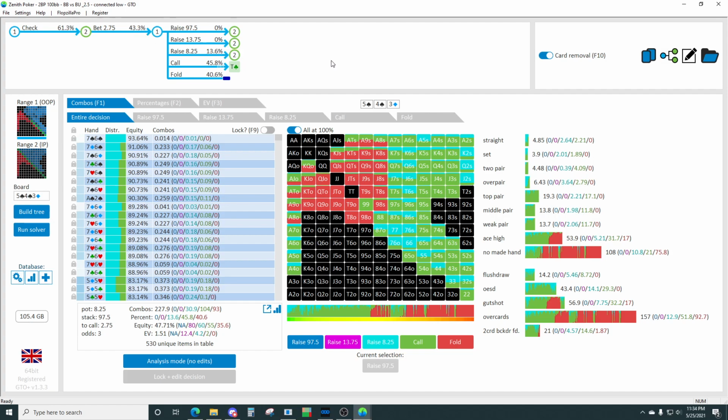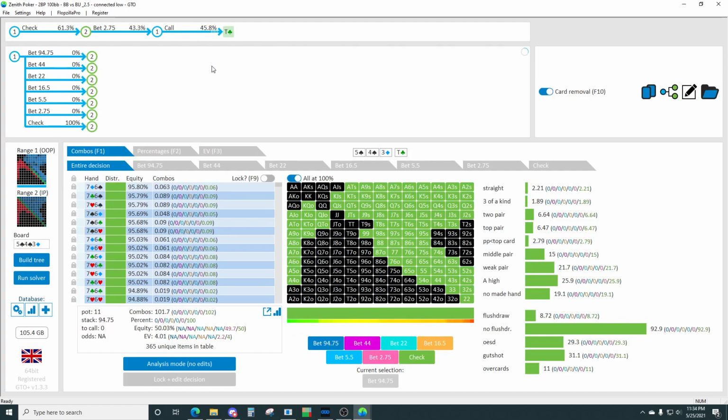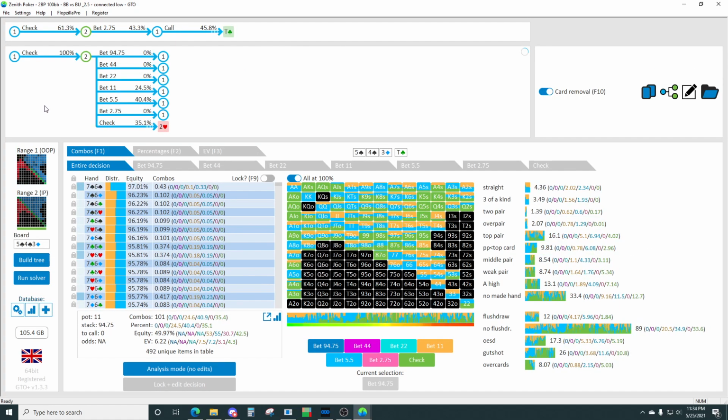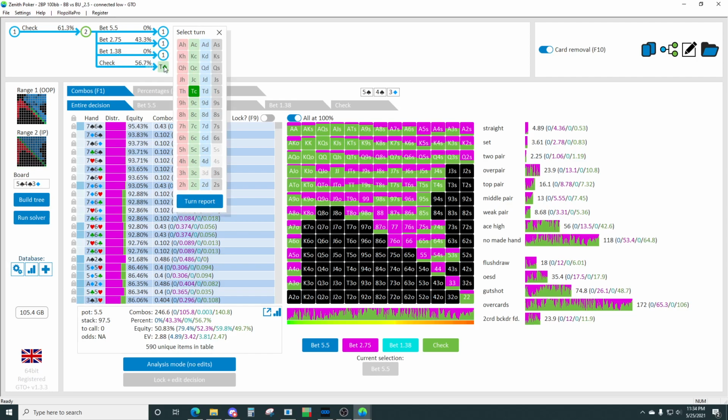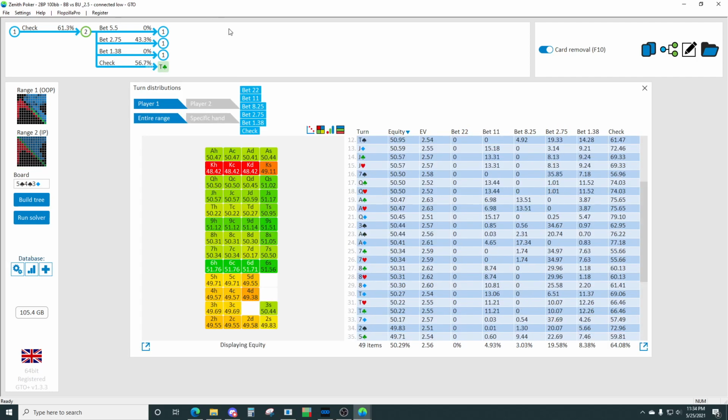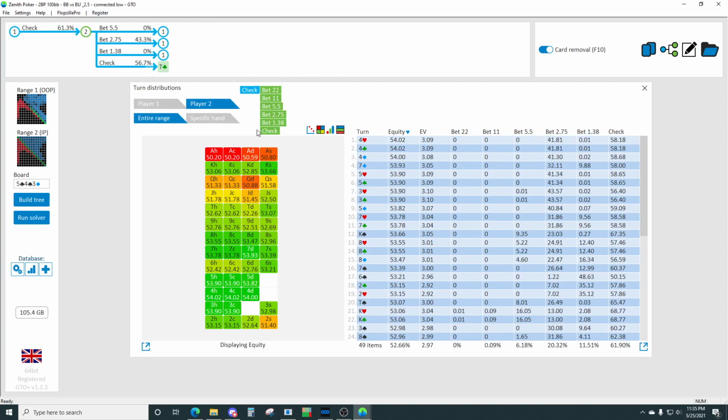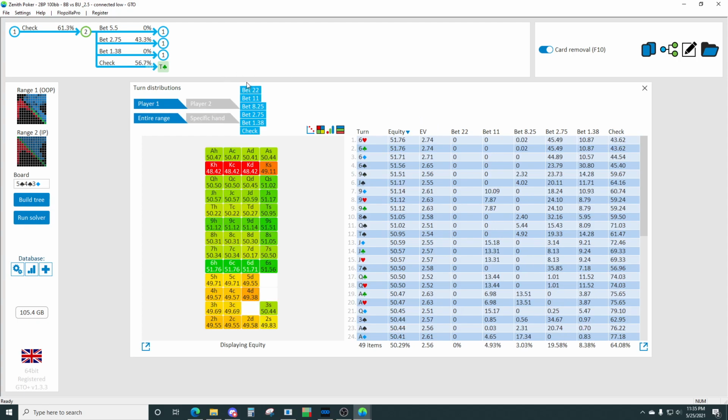Yeah, okay. What was I saying? Oh, yeah. So you just want to get a general idea of the check check line. Here's what I would do: go to the check check line, go to the turn report, and look at the equity for both players.